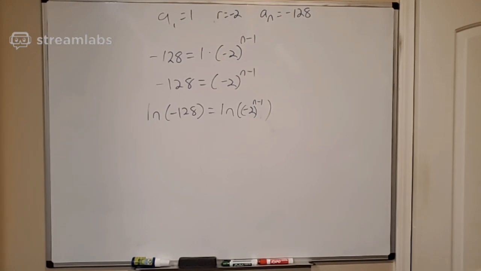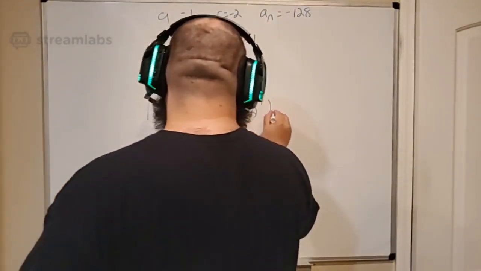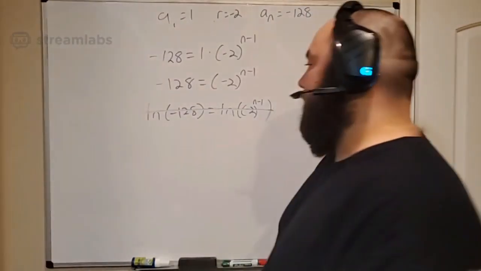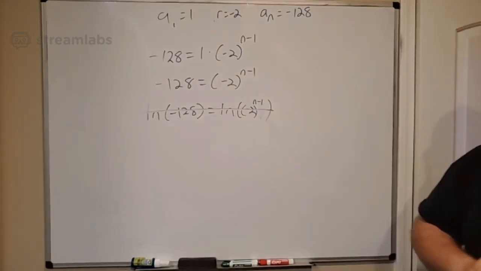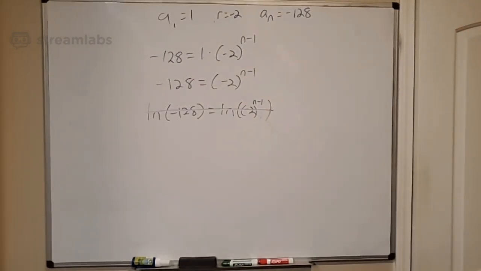So this line right here where it says ln of -128 is not acceptable. I cannot take the ln of a negative number. Can you take the log of a negative number? Same thing. So the question is, can I do something with the negatives? And the answer is yes, I can. And in fact, I have to. Anybody have any suggestions? Divide by a -1.